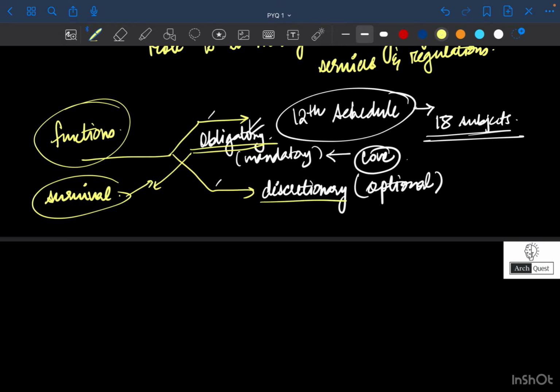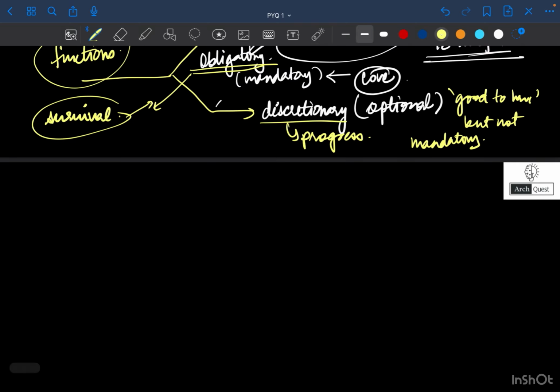And discretionary functions are the ones related to progress. For example, slum housing. They improve the city's social fabric. It's not mandatory because without it the city won't collapse, but it would be good to have.